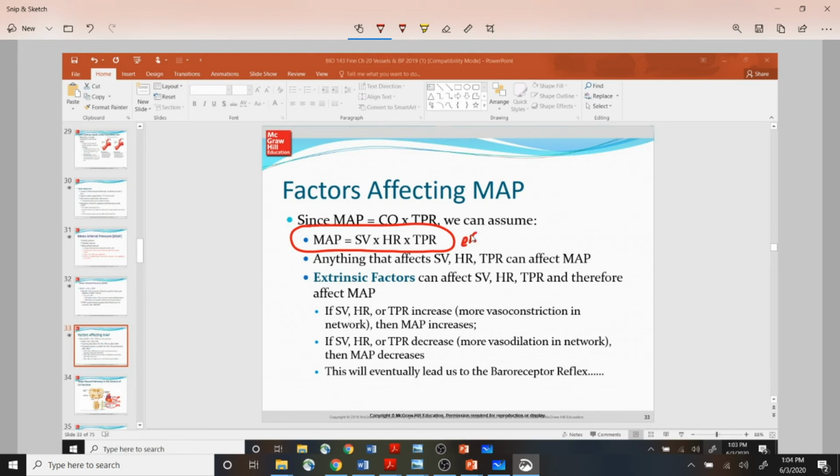There's the expanded version. It still means the same thing. We've just expanded cardiac output. Okay?